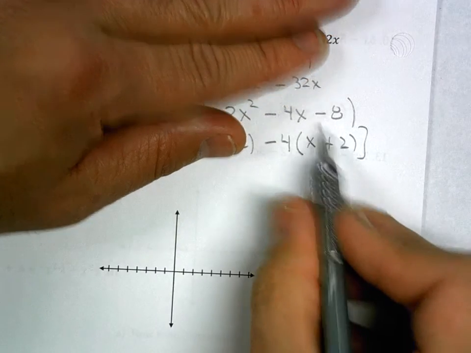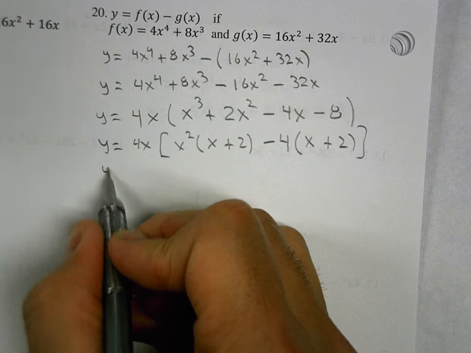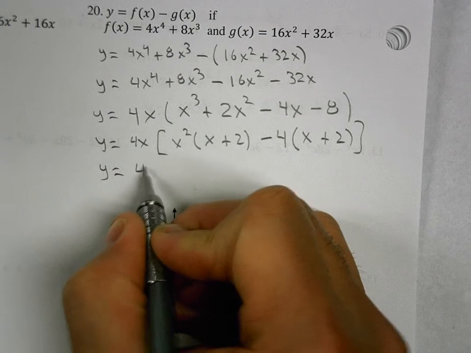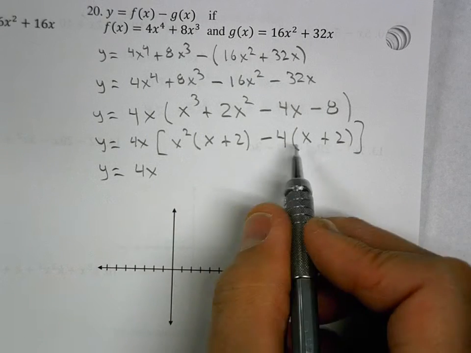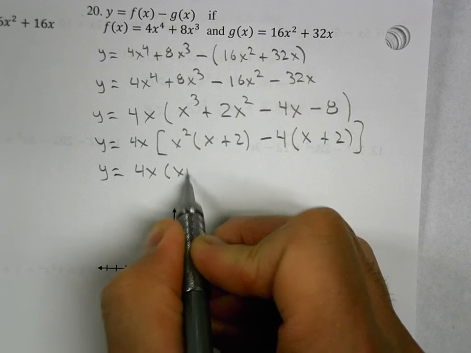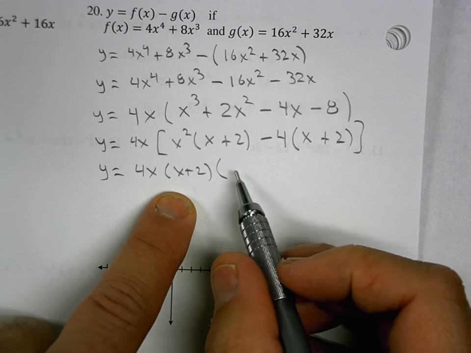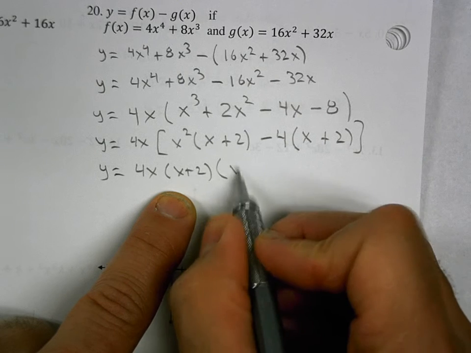Got it. Okay, we'll keep on going here because we almost have it factored. So 4x there. What can we take out of these 2 terms? x plus 2, in parentheses. What's left? Good. x squared minus 4.